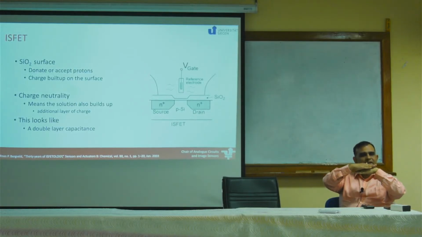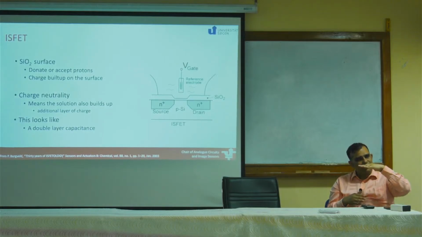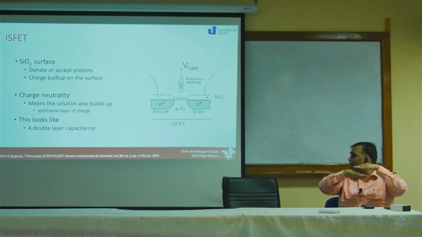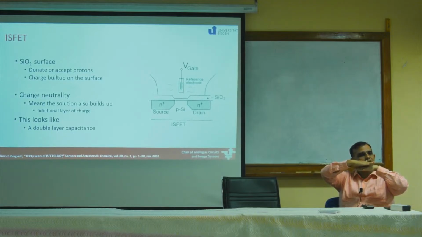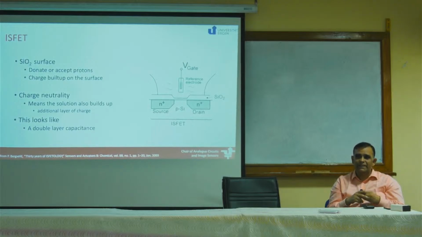Okay? So, my dielectric is giving charge, and now we have a separate layer of charge being formed. And that looks like I was forming a capacitance here. Now, I have got a double layer capacitance which has been formed. On the bottom, I have got my p-type surface. On top, I have got charged ions which have come, very similar to what happens in a MOSFET gate.